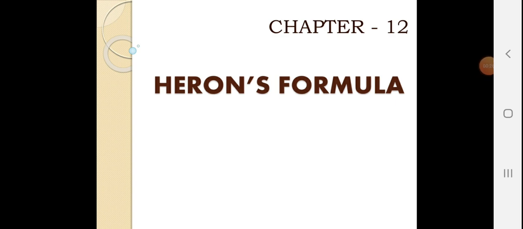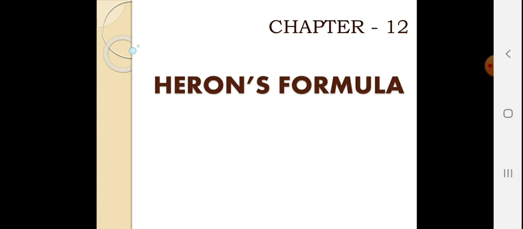In this chapter, we will learn a very important formula of a triangle which we are going to use to find the area of a triangle. You have already learned how to find the area of a triangle when it is isosceles or equilateral.